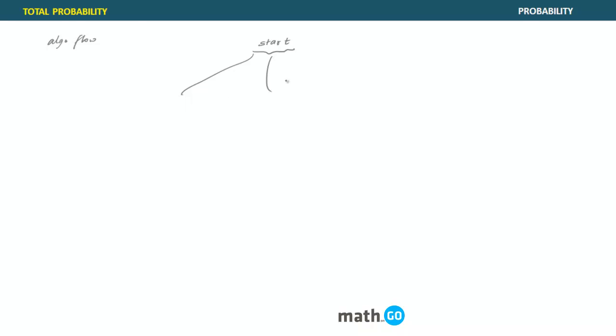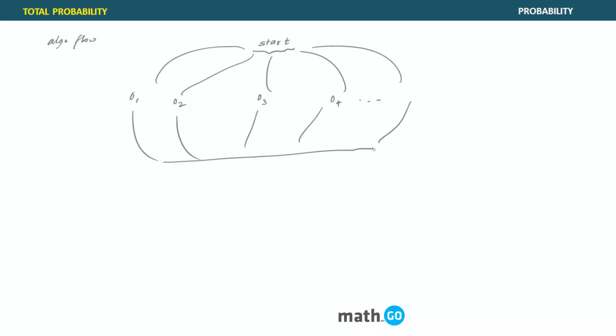When you start, you have multiple options of doing a particular activity. Let's say this is option 1, option 2, option 3, option 4 and so on. Using these options, you can derive your net result. This is the net result that you want from the experiment.